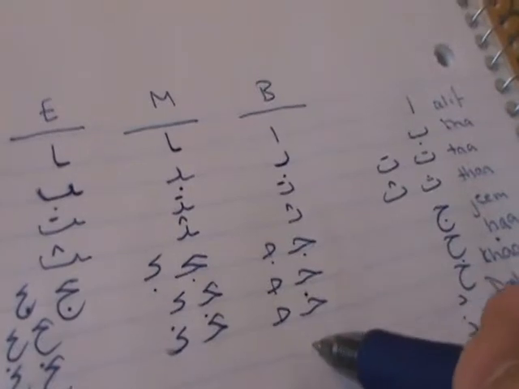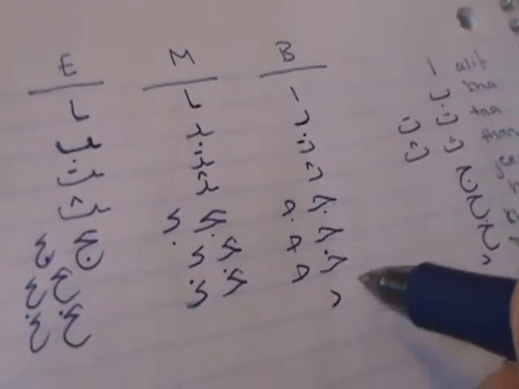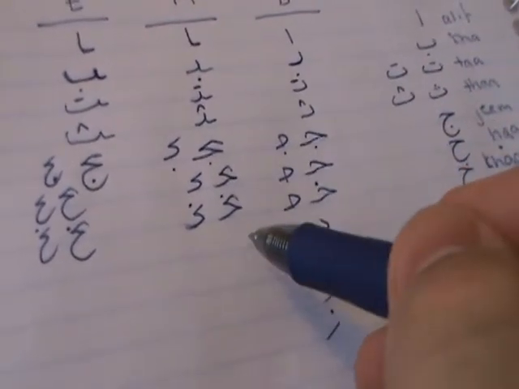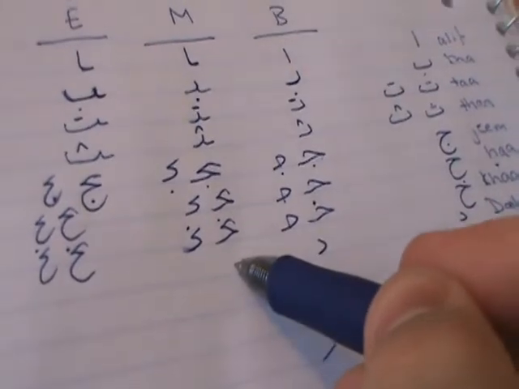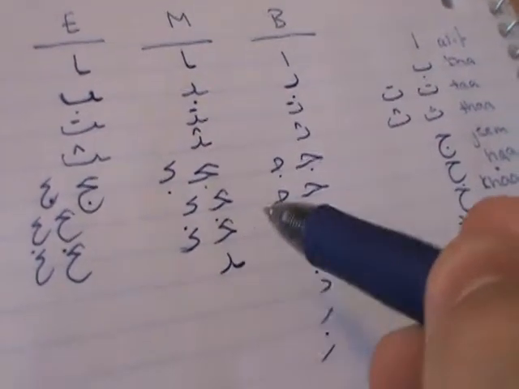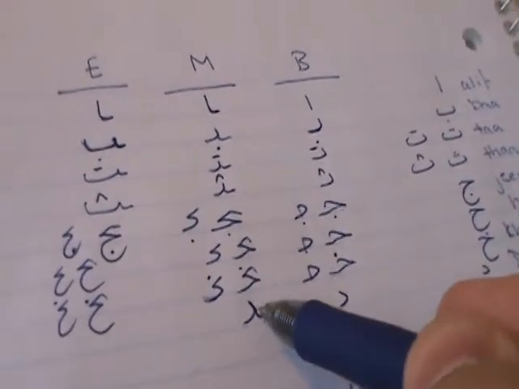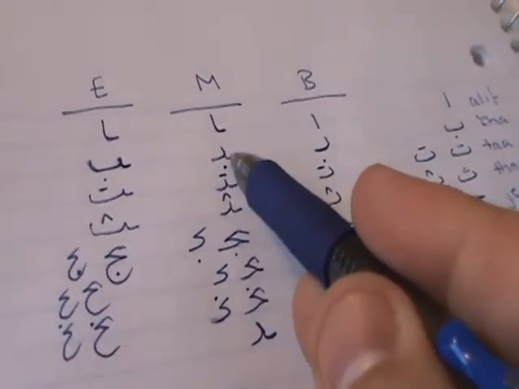Dal at the beginning of the word is the same as it is right now. This is Dal, this is Dal, the same. And also Ra and Zain are the same at the beginning of the word. Now if you write it in the middle, Dal is going to have a shaking hand, but it's not similar to this Sin here.